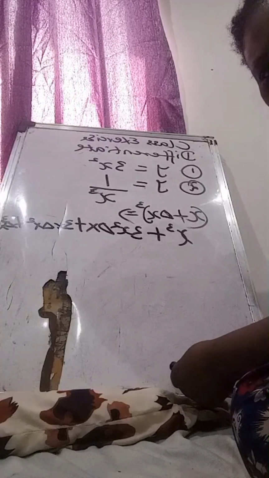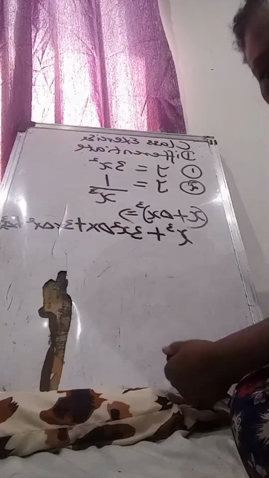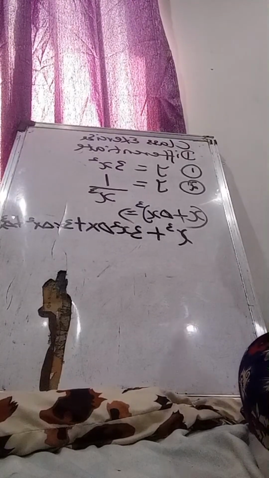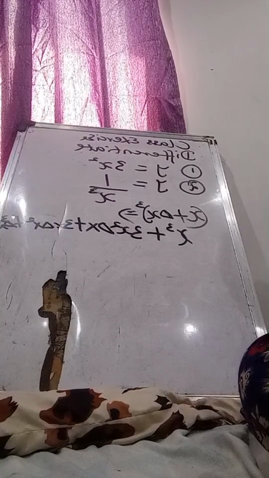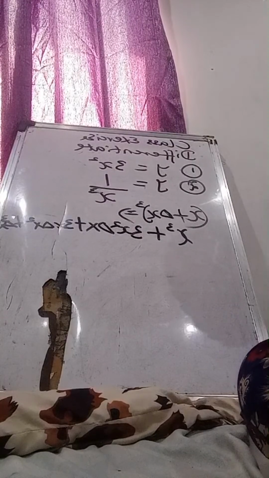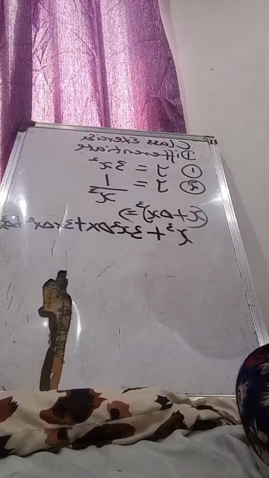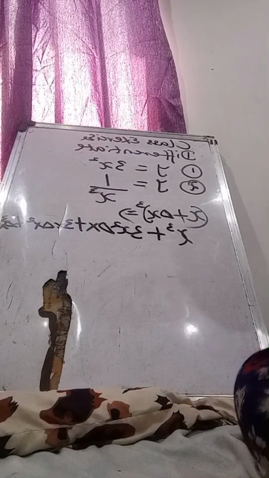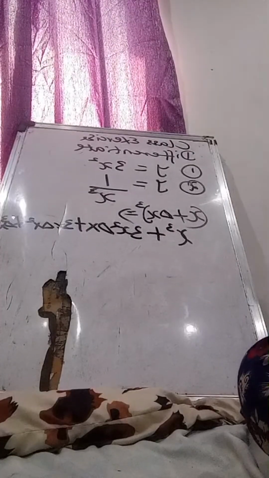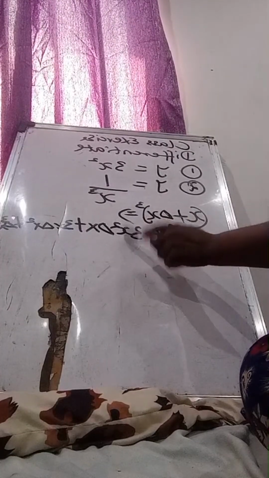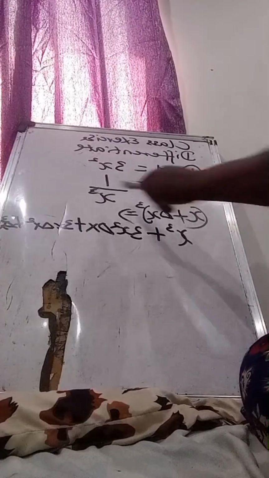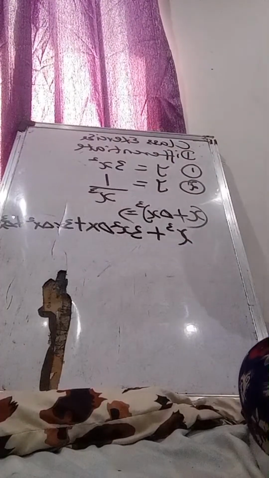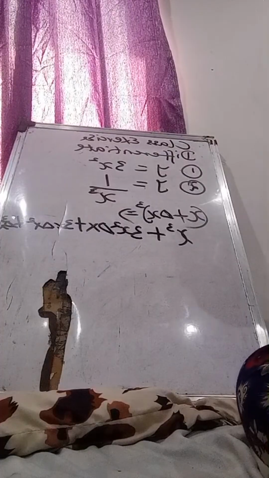I understand the shortcut you're talking about, but if you use it, you're going to make mistakes. Just use this one, the expansion of x plus change in x cube.